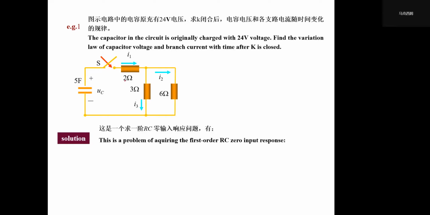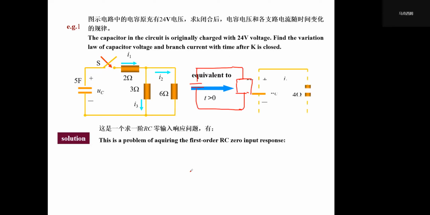This is an RC circuit, and we can just turn it into a typical first order RC circuit, a resistor serially connected with a capacitor, right? So it will turn into like this one, and we can directly use the conclusion we have.